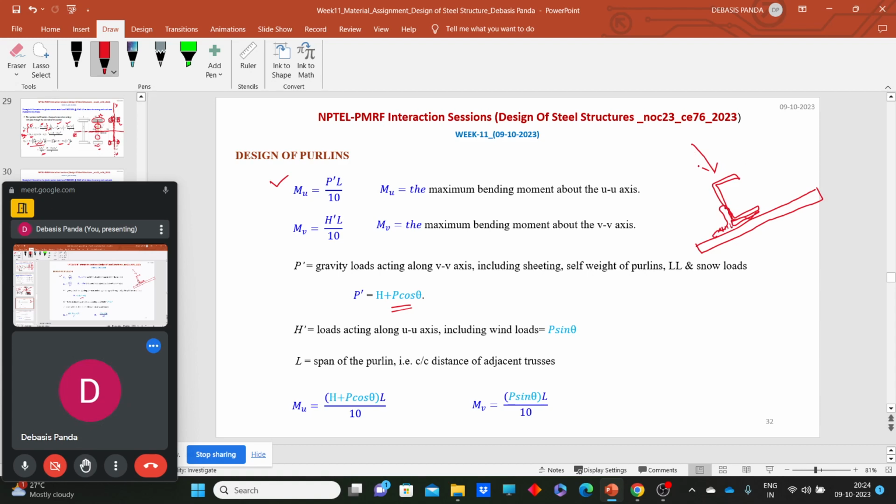Okay, so we have one axis like the YY axis of this, which we call the VV axis with respect to your purlin, and that UU axis.